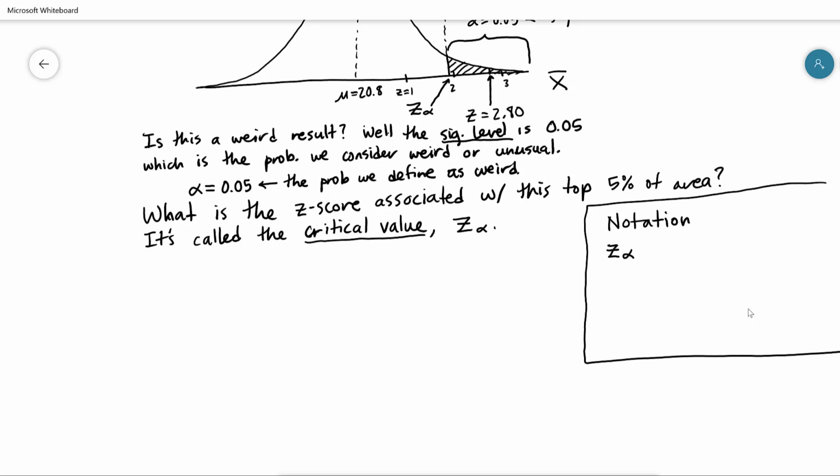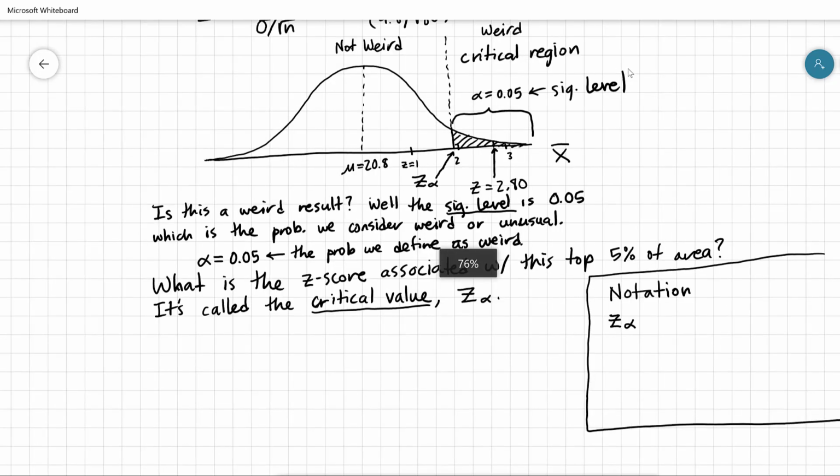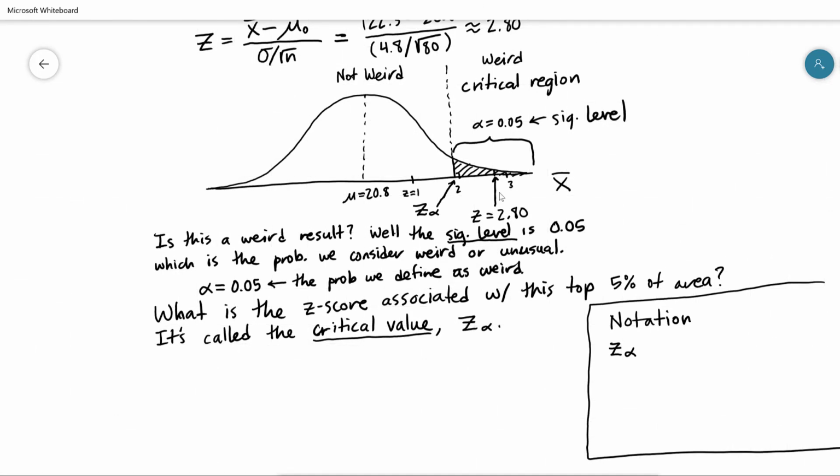In this case, we're calling this z sub alpha, and that's because, looking at our picture, it's the z-score associated with an area of alpha in the right tail. So here alpha equals 0.05. All 5% of that area is in the right tail. So this z-score is associated with just that 0.05.